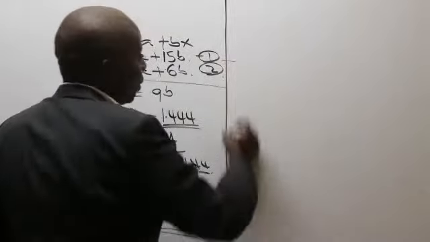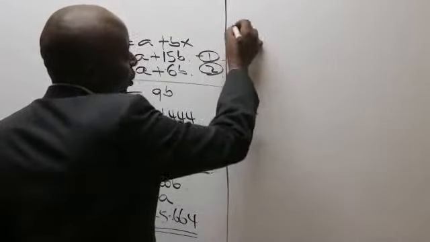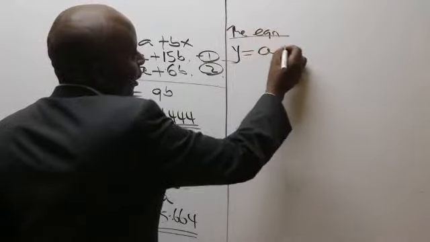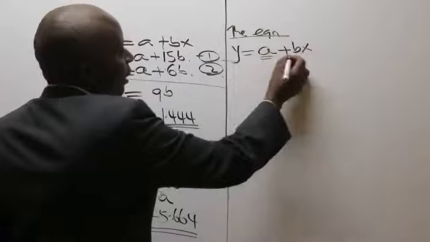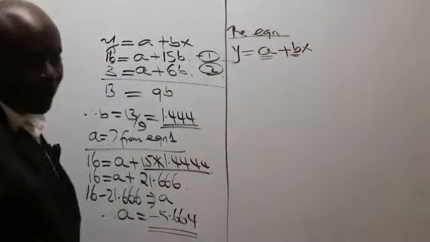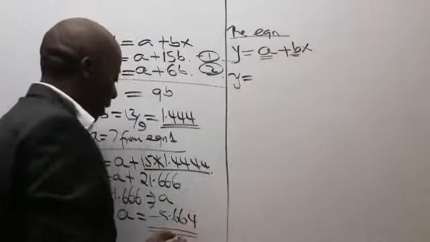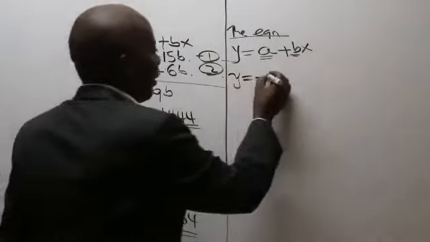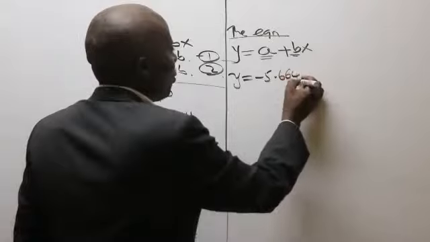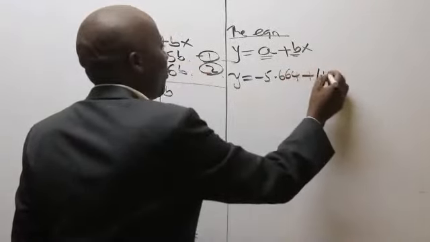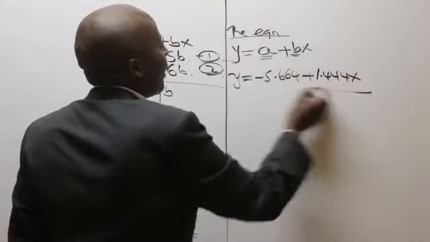So once I've been able to get the value of a and b, at the end of the day they wanted me to write the equation: y equals a plus bx. Now that I have the connectors, my y is equal to a, which is minus 5.664, plus b, that you gave me as 1.444, x.